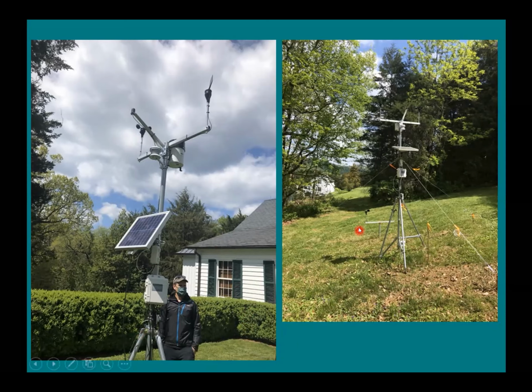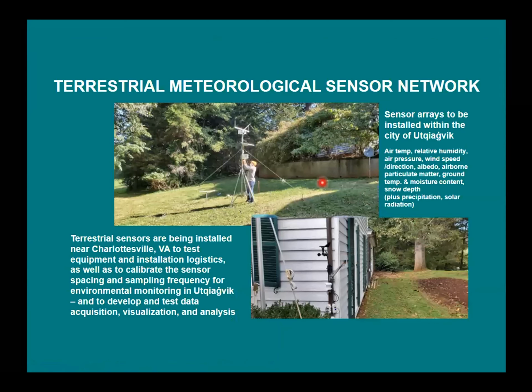Again, similar setup here. We've got wind speed and direction up here, and wind speed and direction down here, so one ultimate goal is to get some information at different heights. You can see that we're putting some out in the open, and some right on buildings.